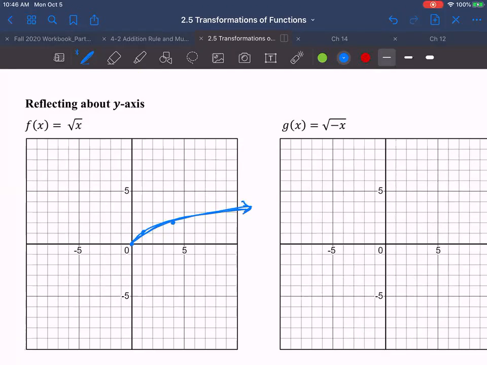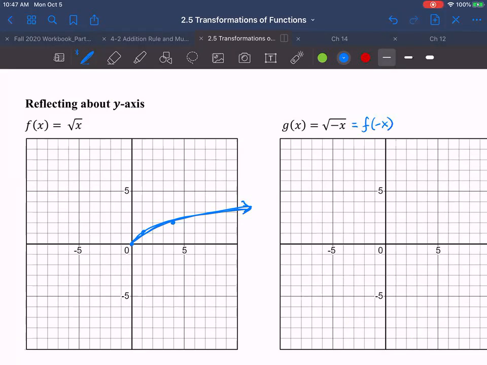But now what we're doing is we have this g of x here, and it's a negative inside of our function there. So this is actually g of negative, not g of negative x, f of negative x. I'll get it right. So this is actually happening inside on the x's.